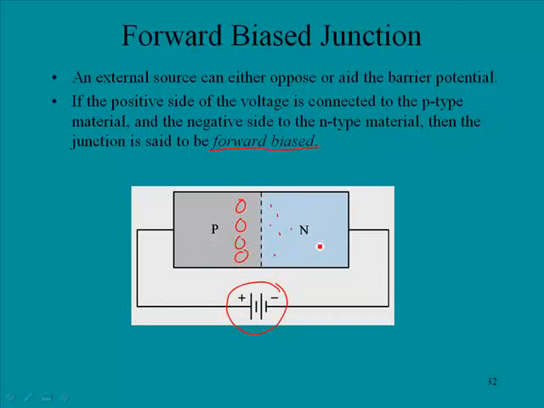Remember the holes are not moving anywhere, but this positive force will facilitate the whole process, causing electrons to move through the p material, and this will cause the depletion region to narrow drastically. And so this is a forward bias junction, and current will flow easily through this junction.